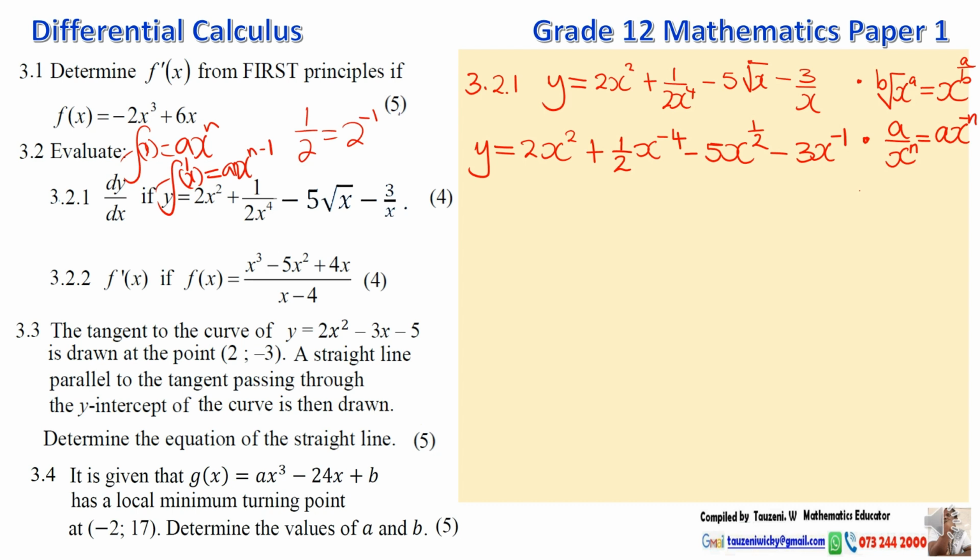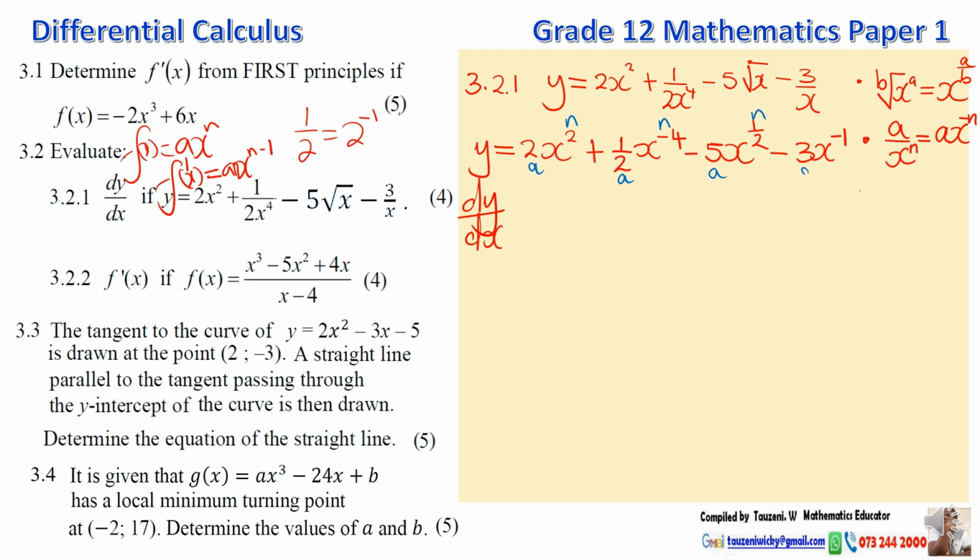So this process of making sure we simplify square roots, we simplify denominators, we do it so that we may be able to clearly tell what is a, or what is the coefficient, and what is the exponent in our expression. So this is the coefficient, this is the exponent. This is the coefficient, this is the exponent. This is the coefficient, this is the exponent.